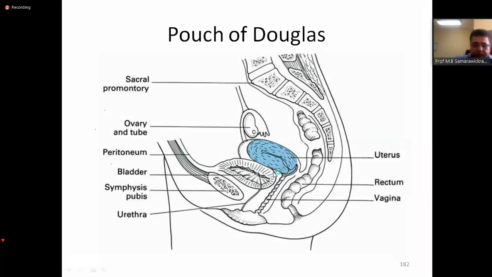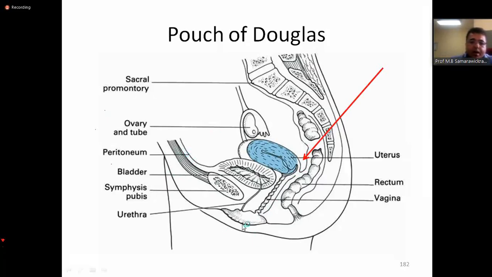Pouch of Douglas is the most dependent part of the pelvic cavity in a female in the seated position, right? And importantly, it is related to the posterior vaginal fornix. Therefore, any collection of pus within this pouch of Douglas can drain via the posterior fornix through the vagina without cutting into the abdomen.